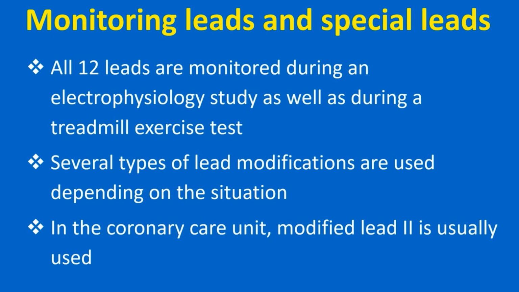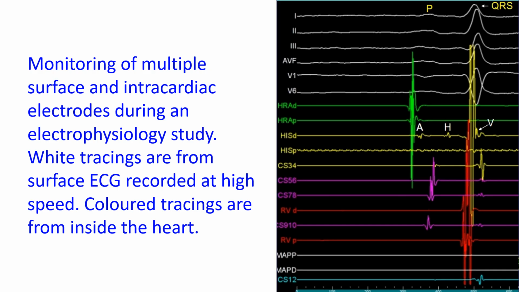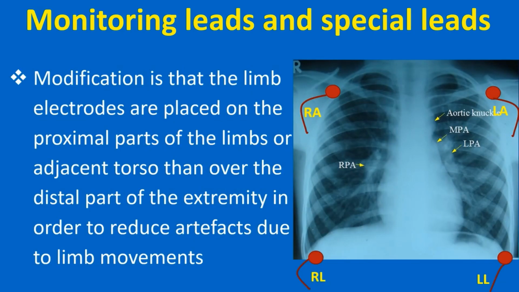In the coronary care unit, modified lead 2 is usually used. Modification is that the limb electrodes are placed on the proximal parts of the limbs or adjacent torso rather than over the distal part of the extremity in order to reduce artifacts due to limb movements.